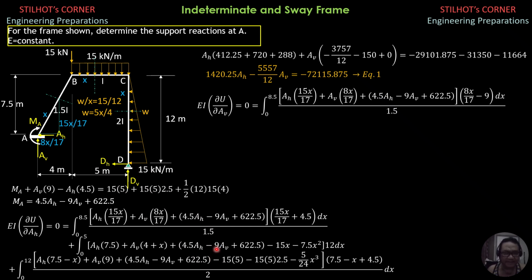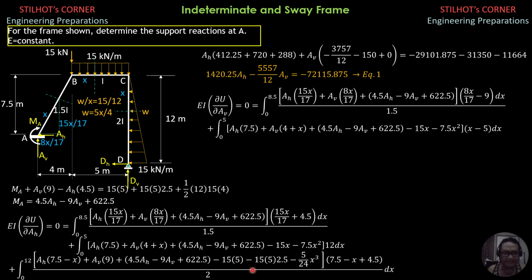Second, we copy and we replace this derivative by 4 plus x minus 9, that's x minus 5, dx, limit 0 to 5. So x minus 5 dx. Then for the third, we copy again.